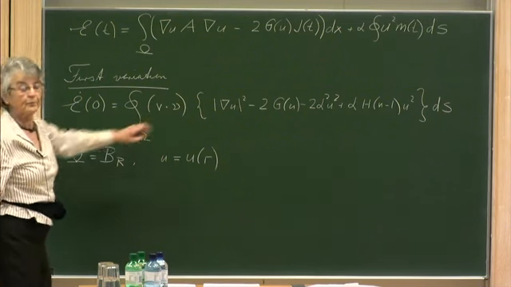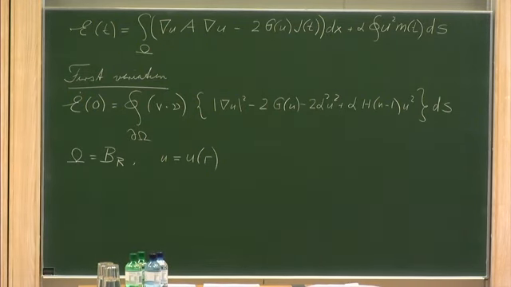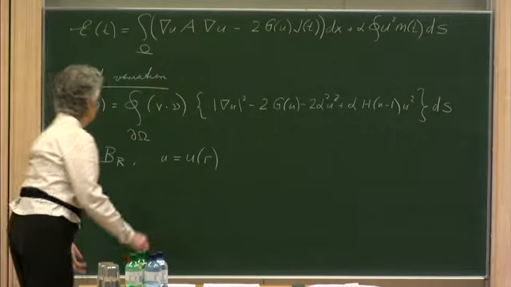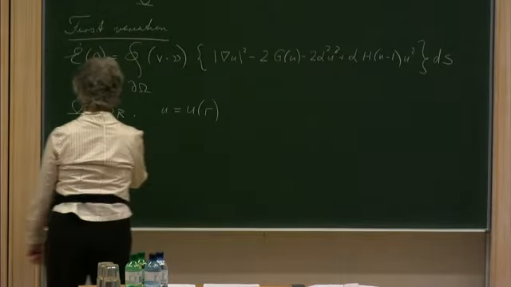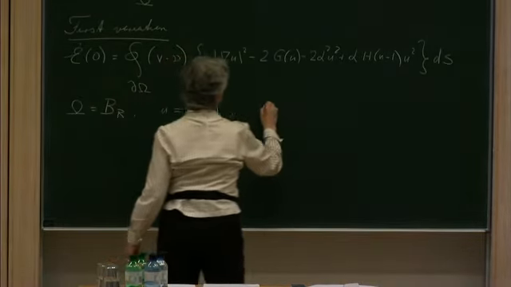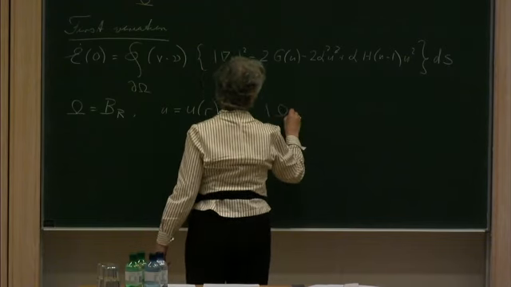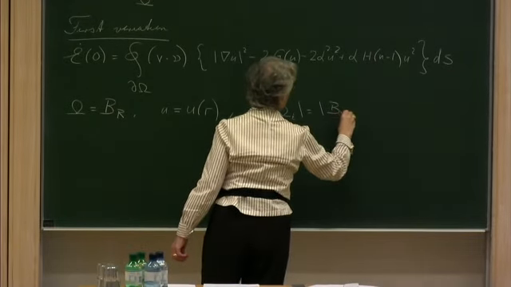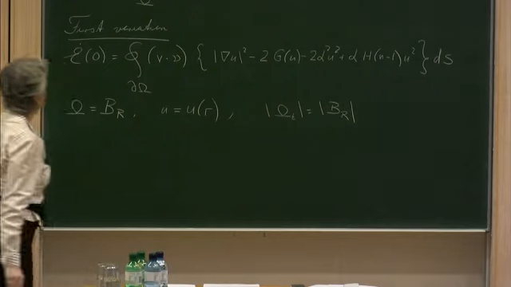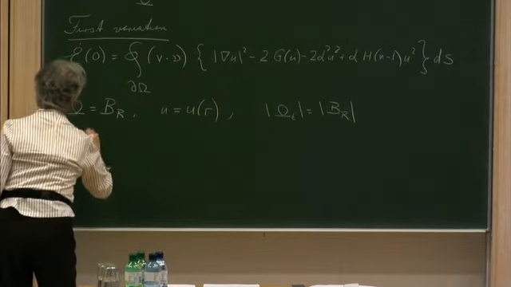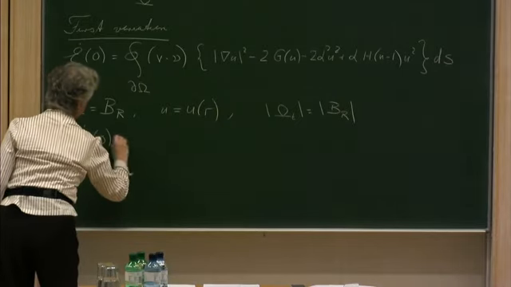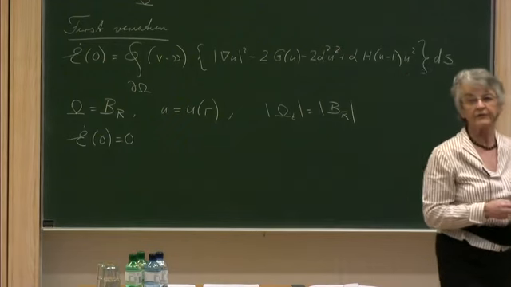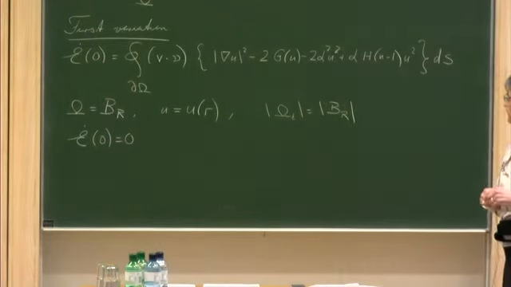Now under volume preserving perturbation, this is 0. So if we have omega t with volume preserved, then it follows that this is 0, and so the ball is in this case a critical domain.